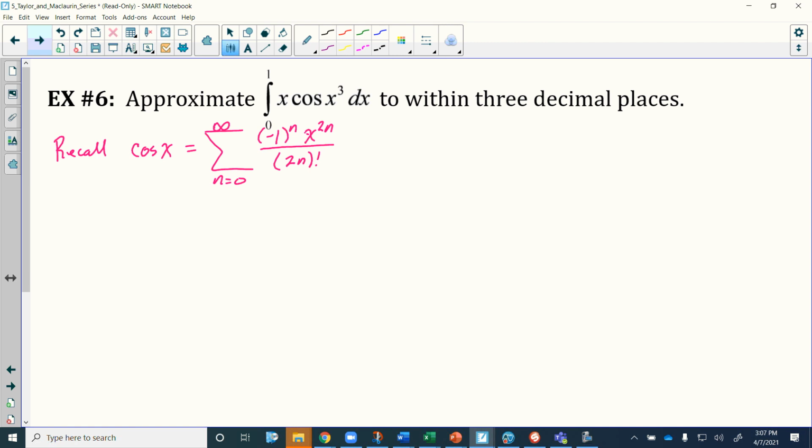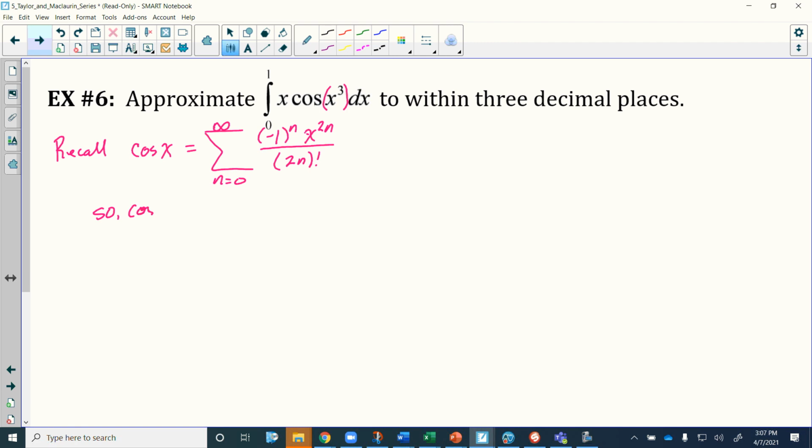Okay, so now that I know that, now I can start substituting a little bit. Here in this case, and it's not real clear, the cosine itself is not cubed, it's x cubed inside of parentheses. That's how it really should be written.